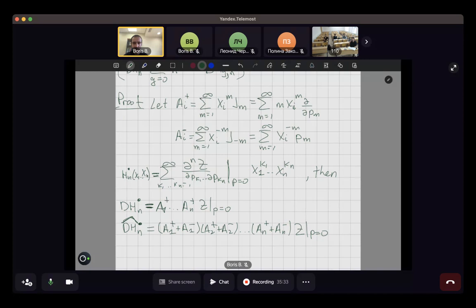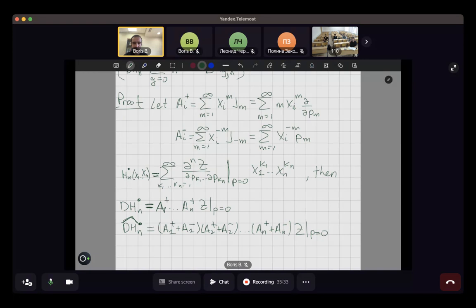Okay, and the proof is as follows. Let me start with the left hand side. What is in fact this coefficient in front of u to the power r in the product, this exponent multiplied by b?